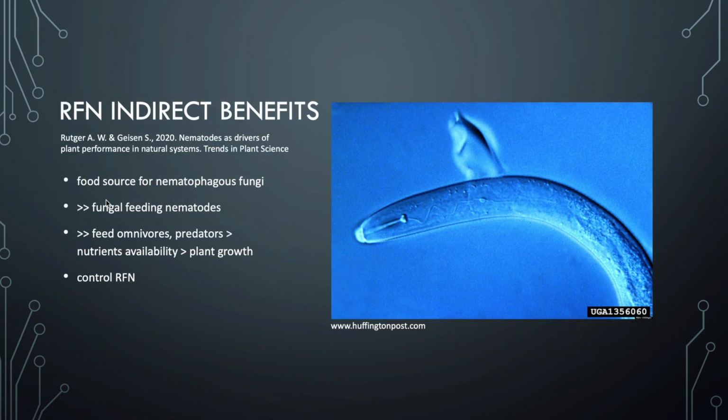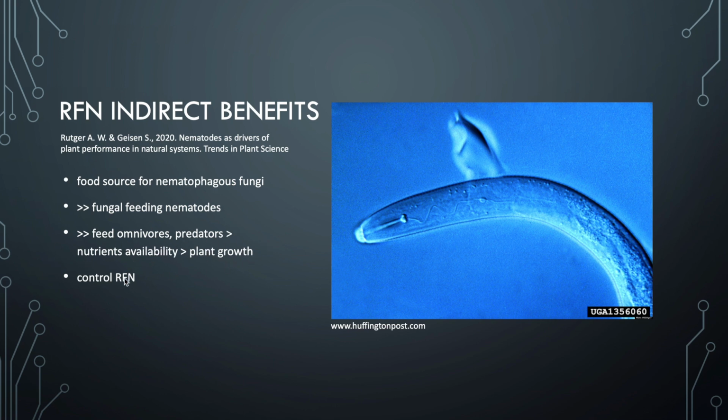And of course, root-feeding nematodes are also a food source for nematophagous fungi. And so as these fungi consume root-feeding nematodes, they increase in abundance, and that stimulates fungal-feeding nematode populations to increase. And this leads to omnivores and predators also increasing in their populations. And once again, this increases nutrient availability and plant growth.